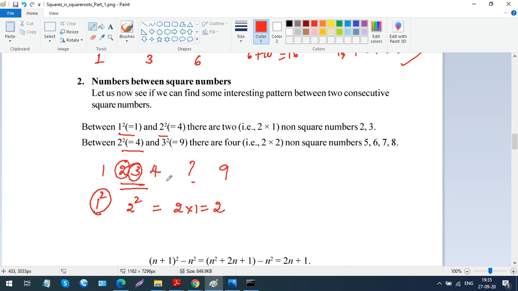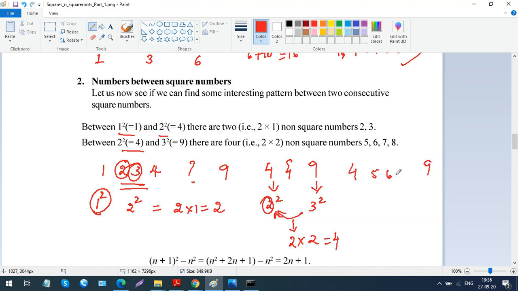Now if I ask you how many numbers are there between 4 and 9. 4 is actually 2 square and 9 is actually 3 square, isn't it? So between 2 square and 3 square, I will have 2 into the smaller number 2, which is 4. Now you check, between 4 and 9, what do you have?